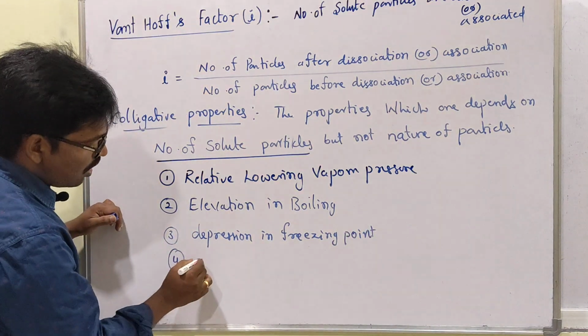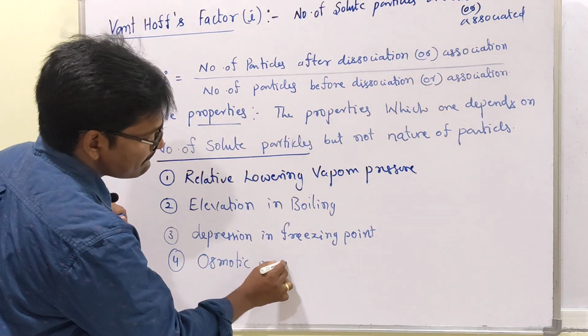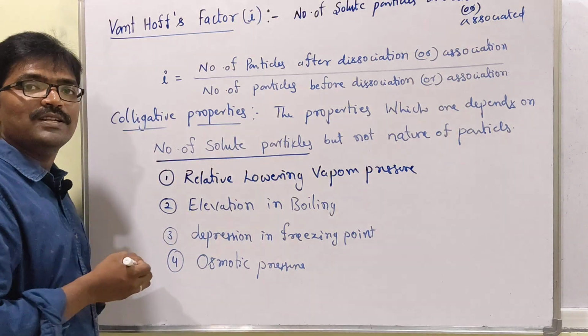Number 4, osmotic pressure. These are the colligative properties.